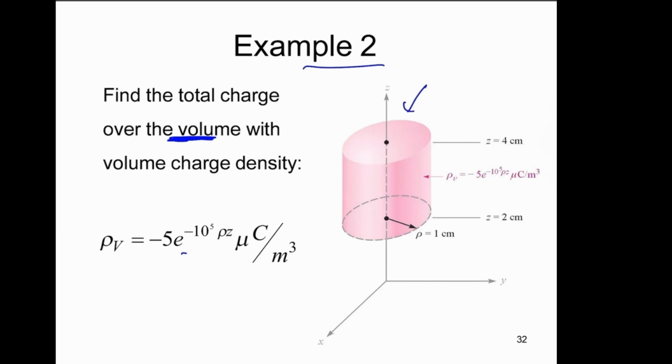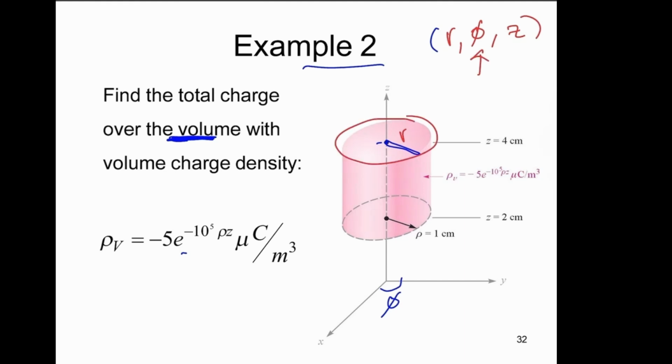So we have R, phi, and Z. For this case, phi for a cylinder is equal to 2 pi, this angle, or 360 degrees.